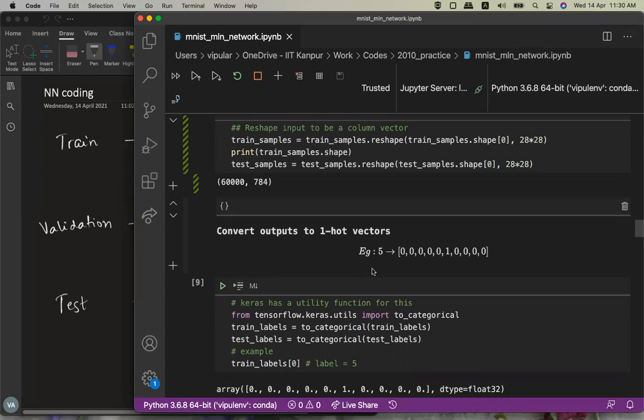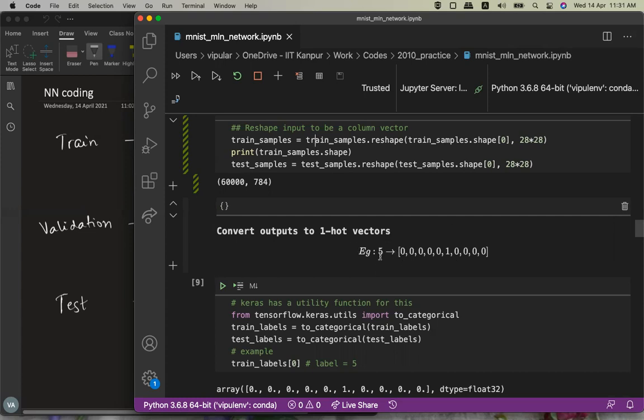No, that is not what I do, because there is no linear ordering in my classes. These classes are all independent. So I create a 10-dimensional vector so that each class is equidistant from the other classes.